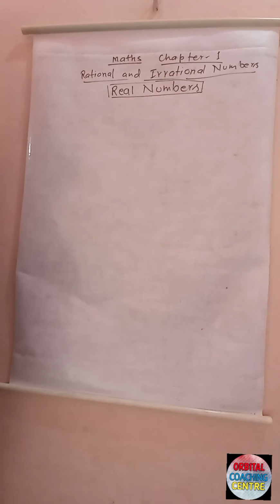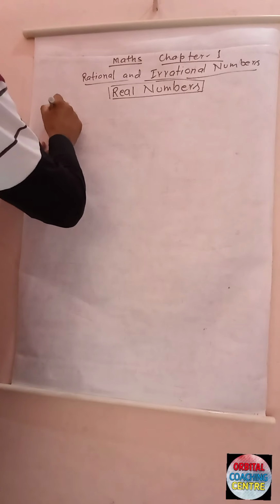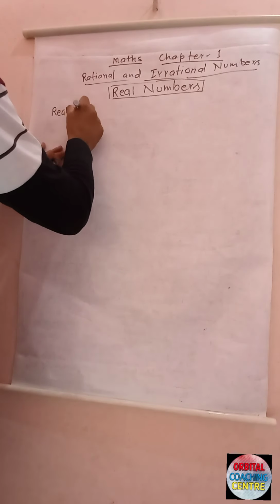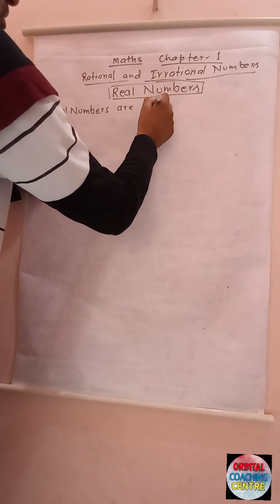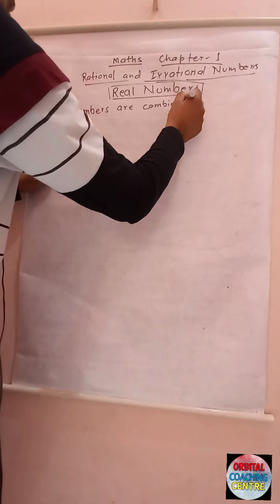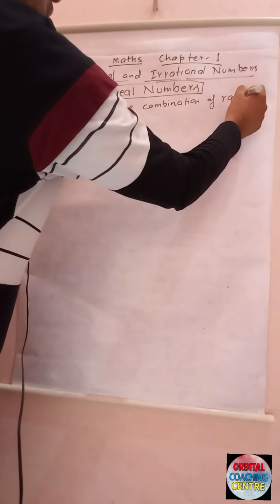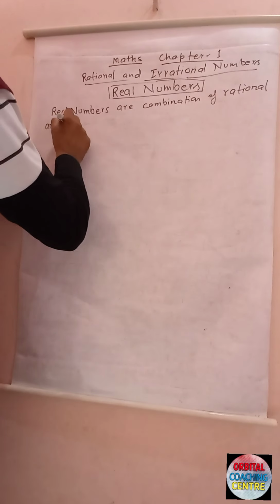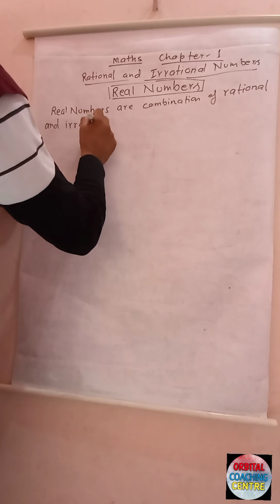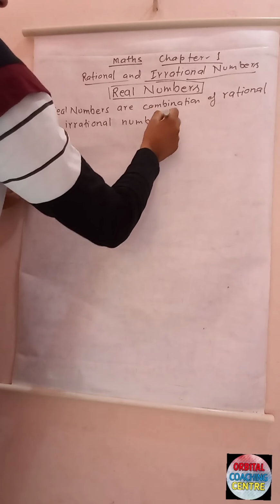What are real numbers? Real numbers are the combination of rational and irrational numbers. So it is compulsory to know what real numbers are. Real numbers are a combination of rational and irrational numbers.